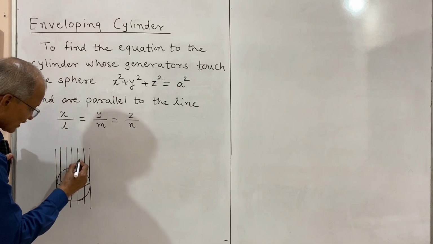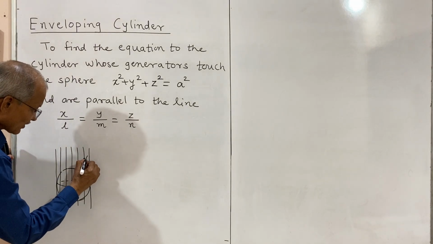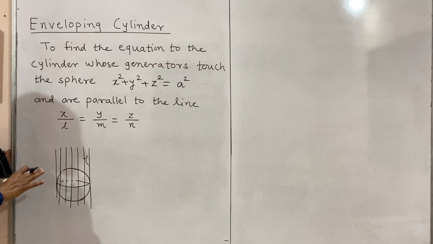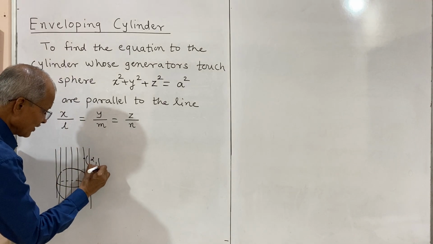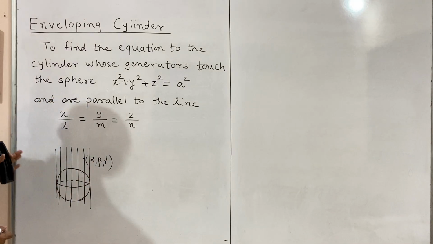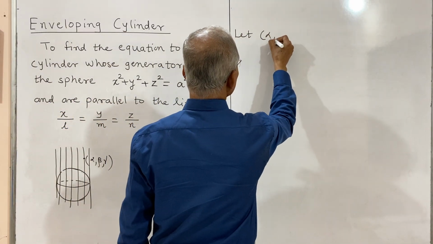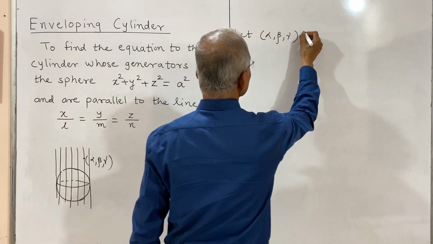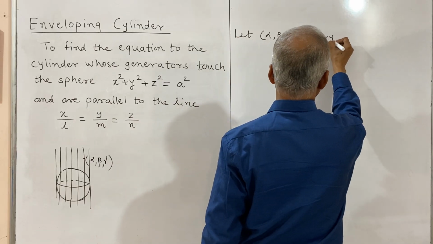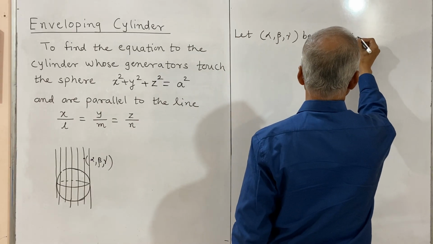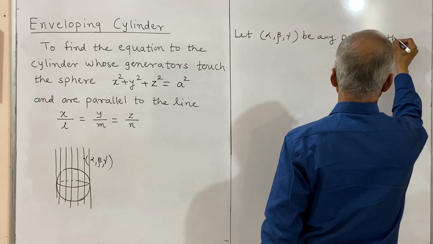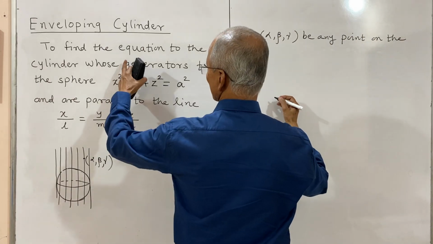We shall consider any point on the surface of the cylinder as alpha, beta, gamma. Let alpha, beta, gamma be any point on the cylinder, or enveloping cylinder.